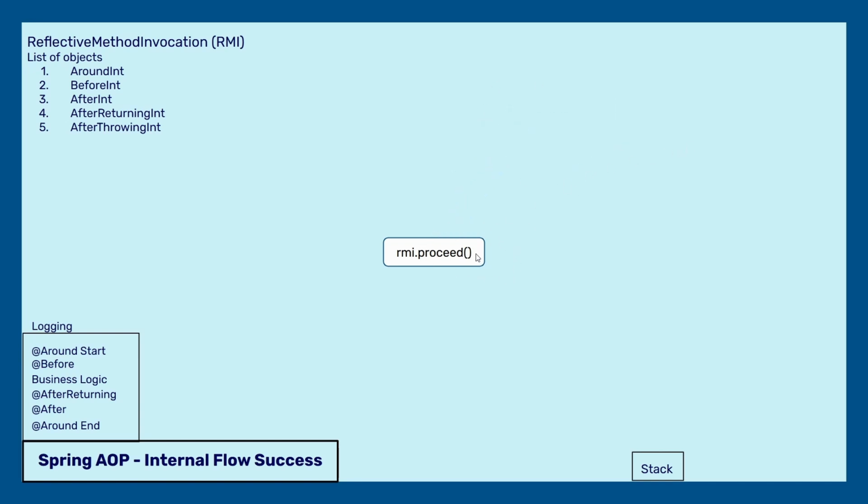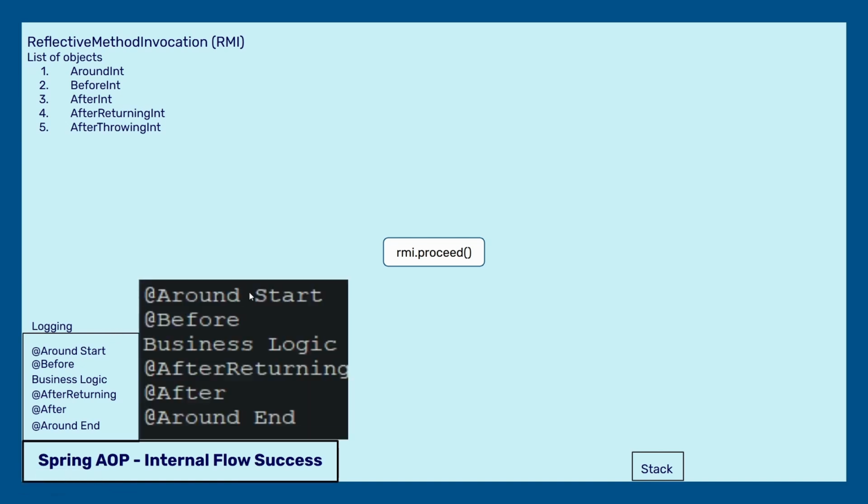Once this completes, the response from this method is returned back to the caller. And if you see the logging, we had the same set of logs that we saw in our execution when we were using our application. So around start, before, business logic, after returning, after and around end.